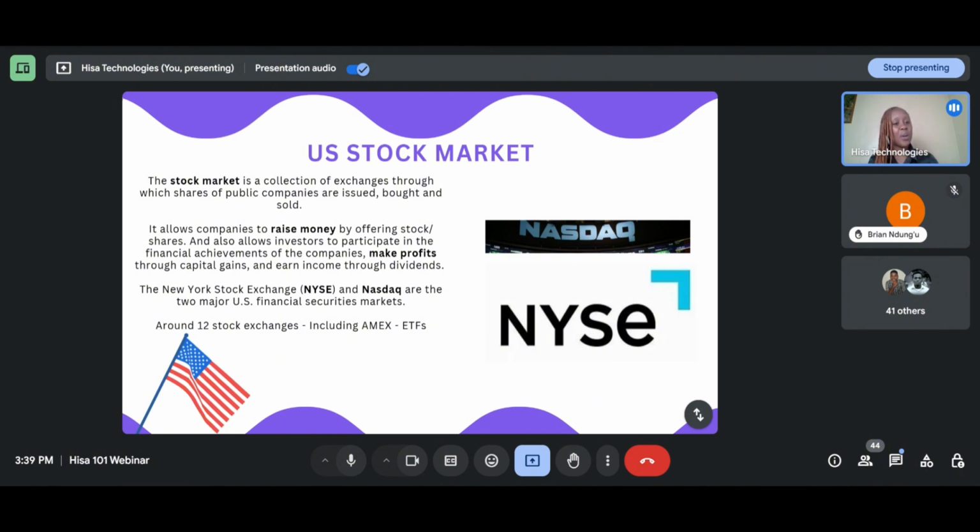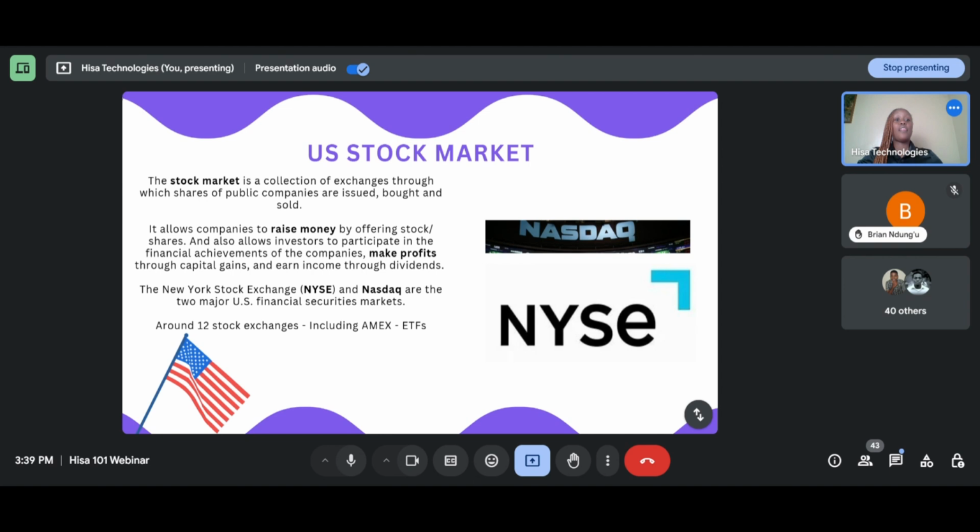You are able to make profit using the ways that we discussed: capital gains and earning dividends. So the company is able to raise money so that it can expand its operations, and you, the investor, get something back. You get dividends as well as capital gains when that company performs well in the stock market.